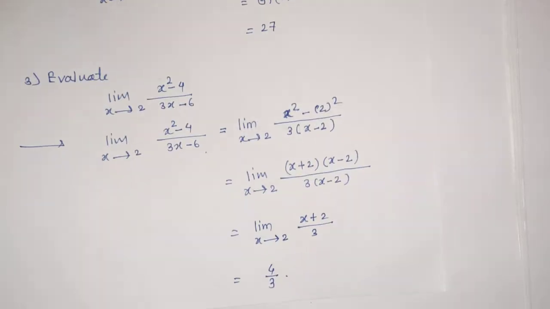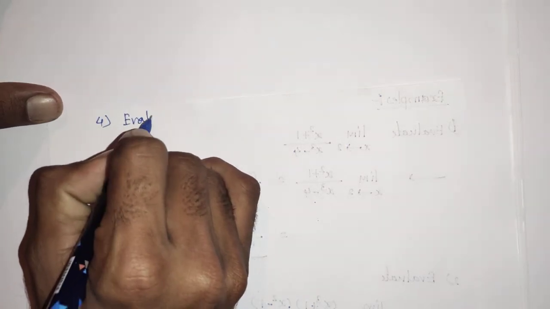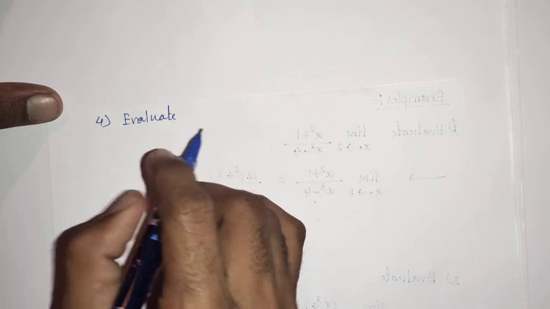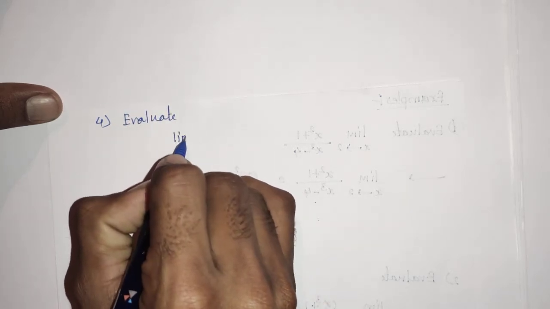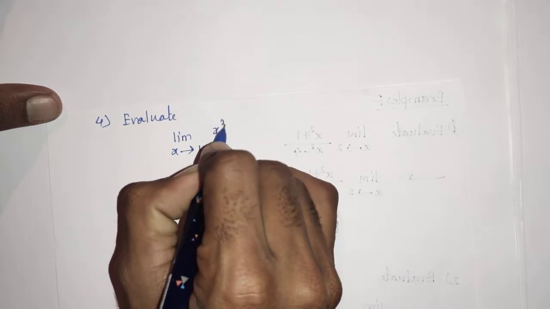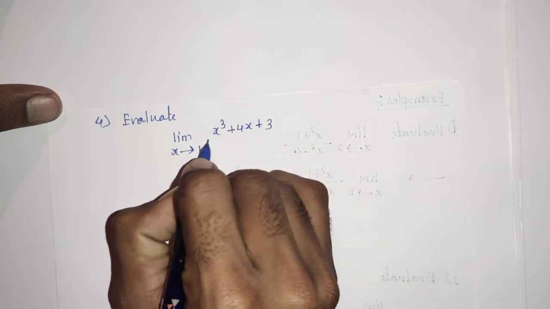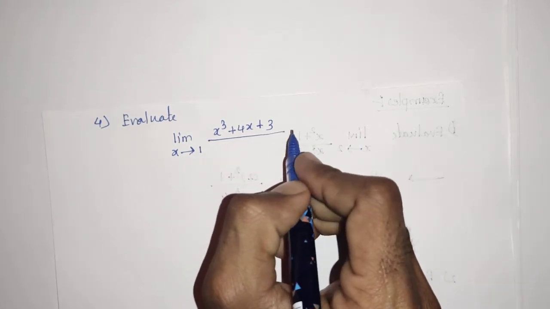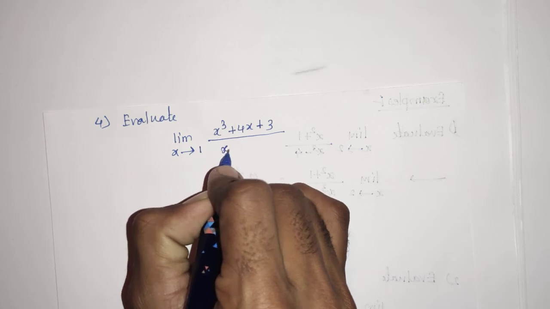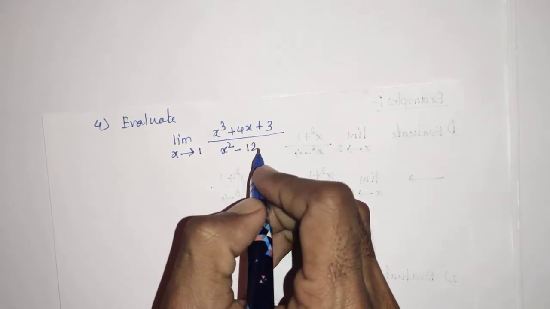Now the next example is the fourth one. Evaluate the limit as x tends to 1 of x cube plus 4x plus 3 divided by x square minus 12.